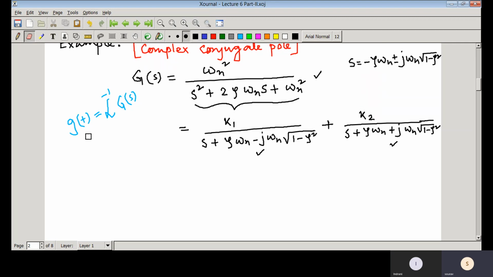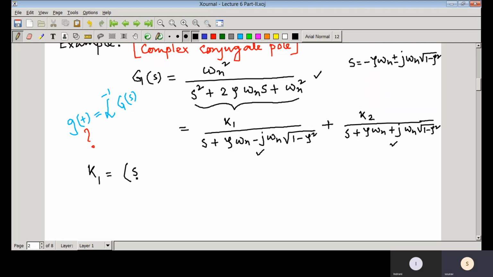So we are trying to find these things. That means, what is g(t)? So the first job is to represent this G(s) in partial fraction form, and you can apply the Heaviside formula.